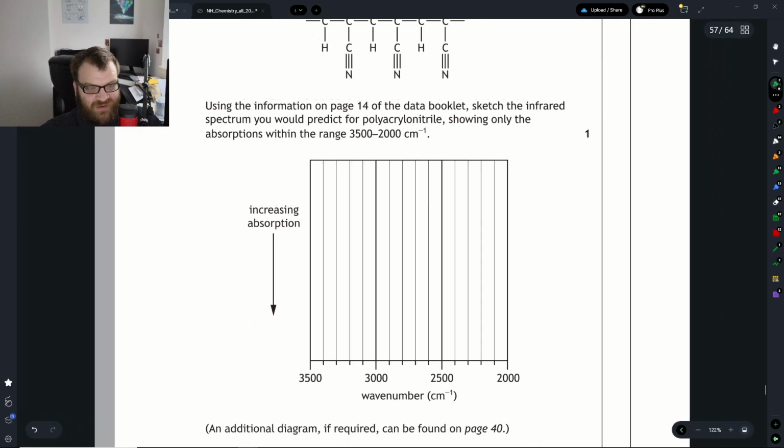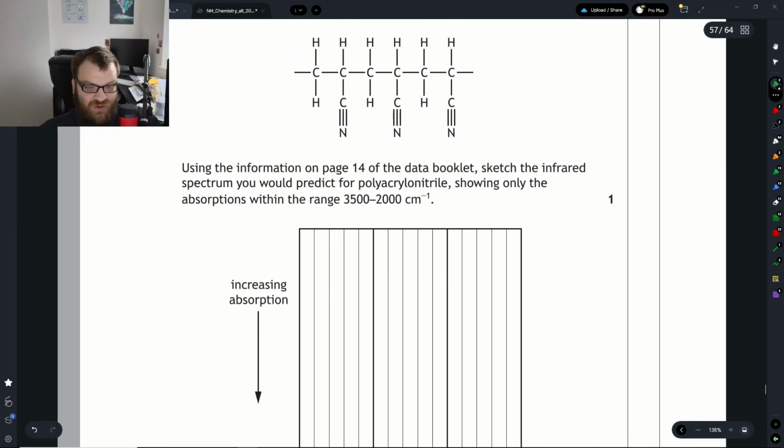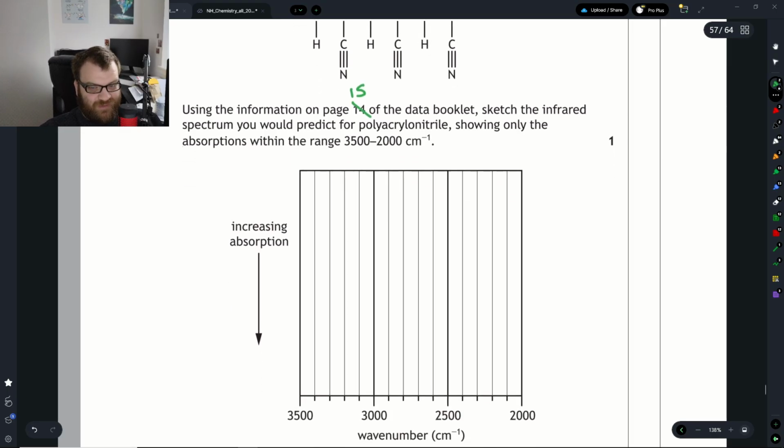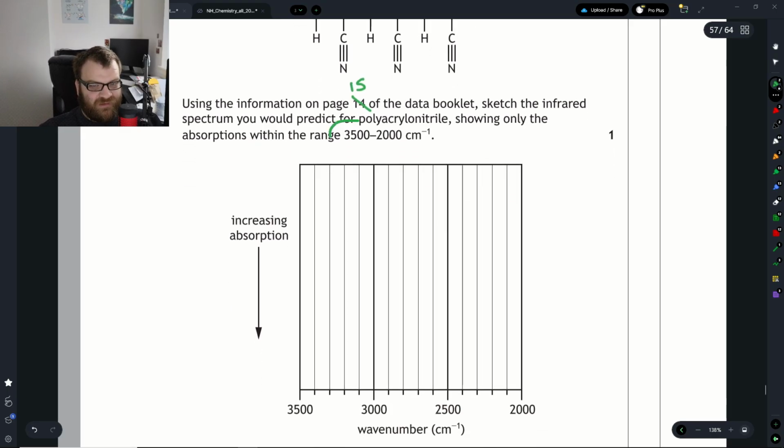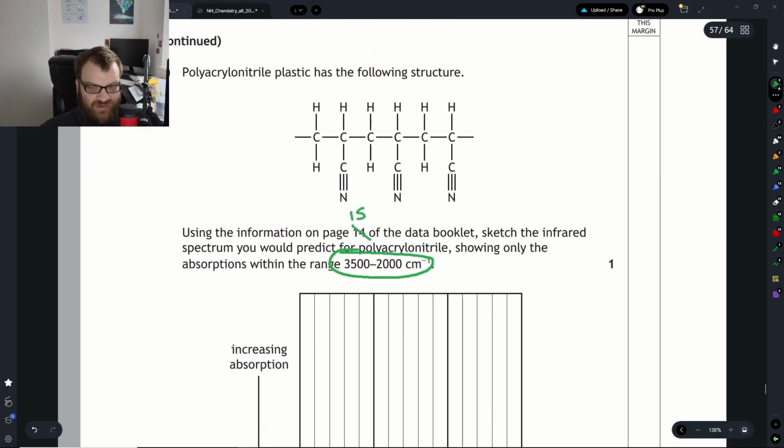Final question. We are asked to again use page 15 of the data booklet, and we have to sketch the spectrum that we would expect to see for this chemical. And we only care between 3500 and 2000. What have we got? Well, one of the things I'm noticing, we've got our C triple bond N. Other thing we've got within it is going to be our C to H bond as well.